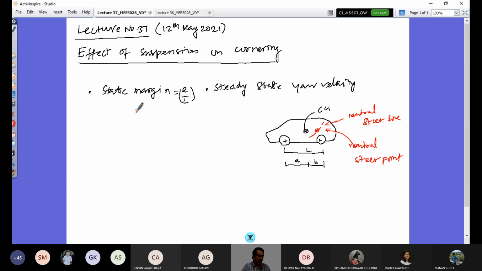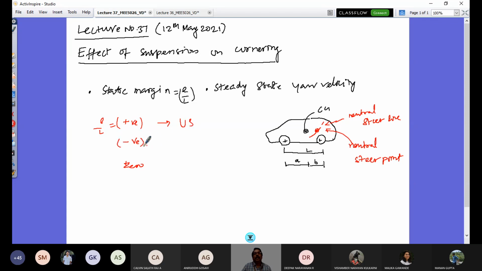So this neutral steer or the static margin value can be a positive value, a negative value, or zero. When this E by L is a positive value, it refers to an understeer tendency of the vehicle.